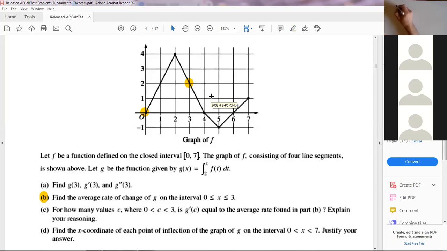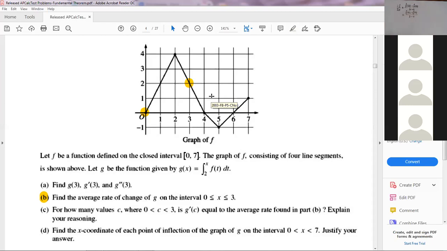The average rate of change is delta f over delta x equals f of b minus f of a over b minus a. So this is going to be f of 3 minus f of 0 over 3 minus 0.